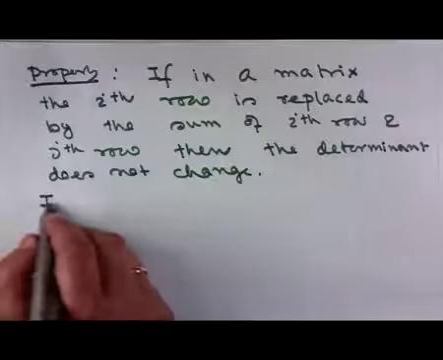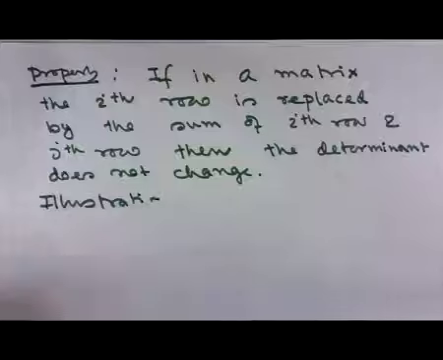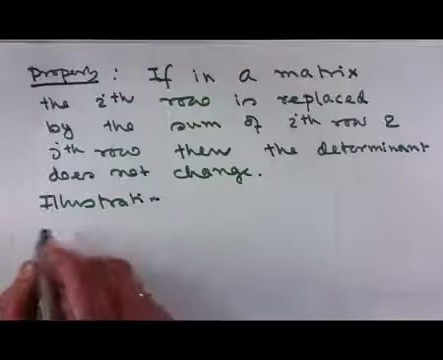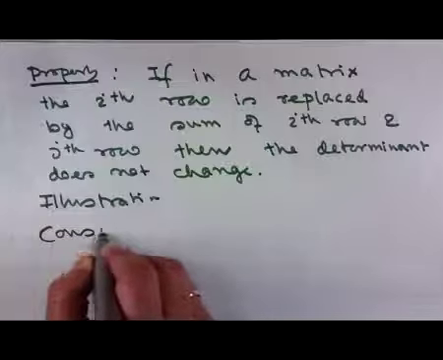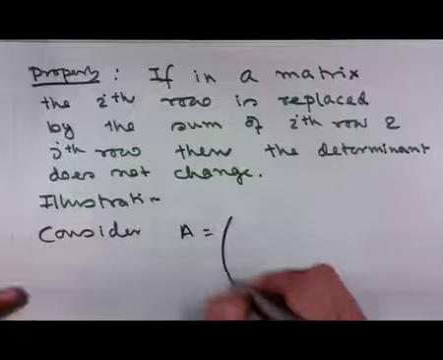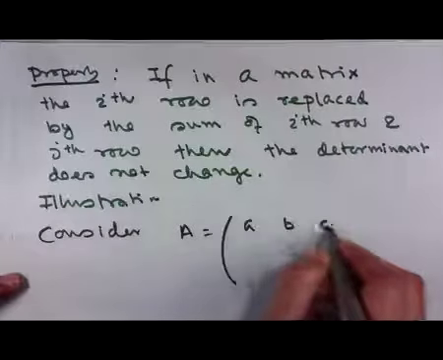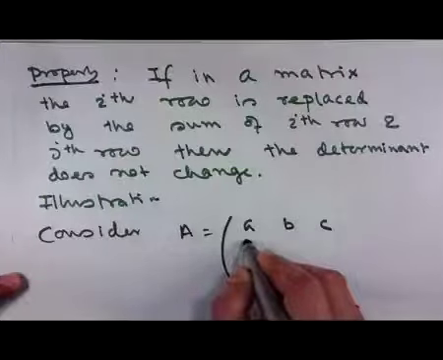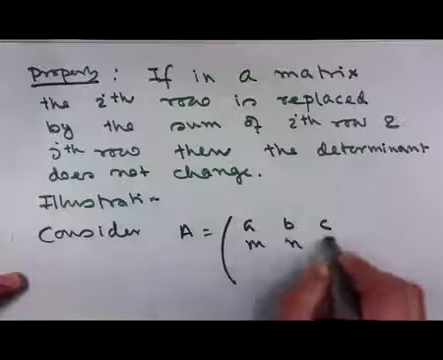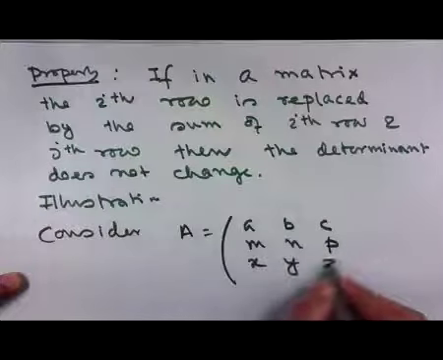Illustration: consider A is equal to the matrix with rows a, b, c; m, n, p; x, y, z.